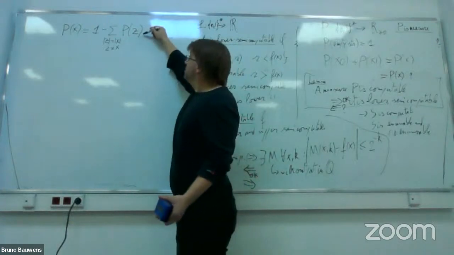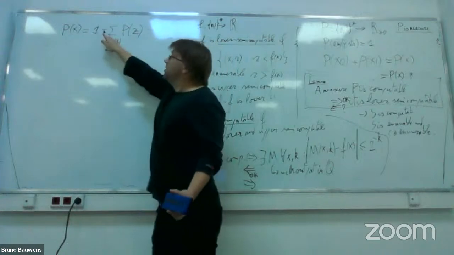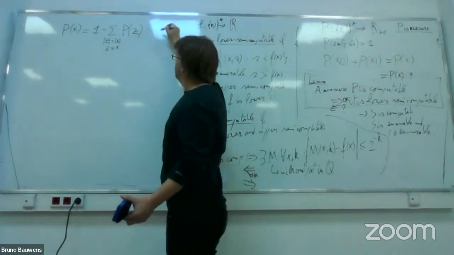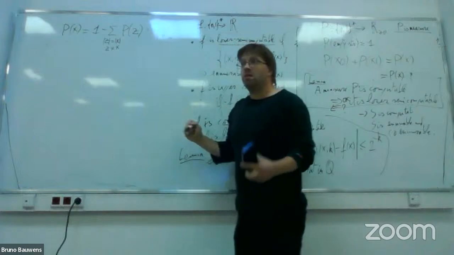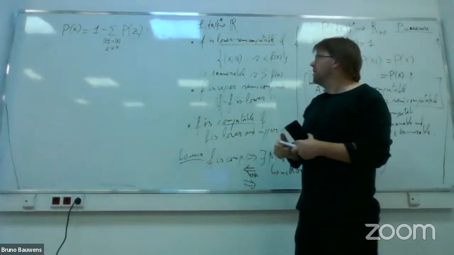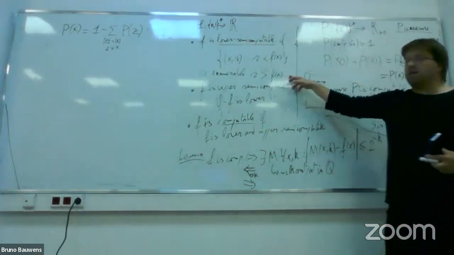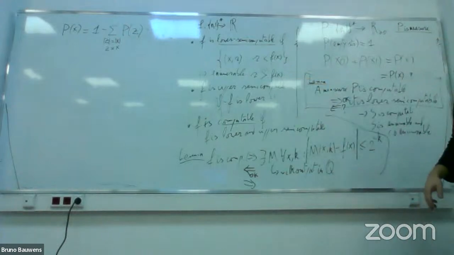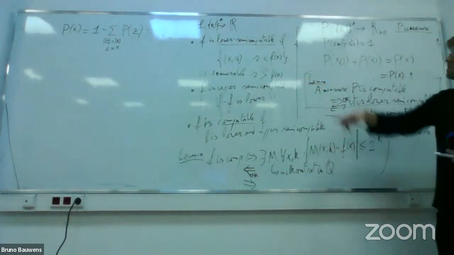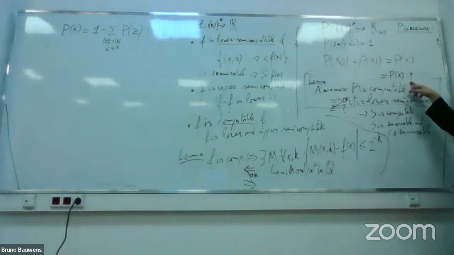So each of these probabilities are going up. So after the minus sign, this whole thing is going down. And so I have an upper approximation. And that means P of X is computable.